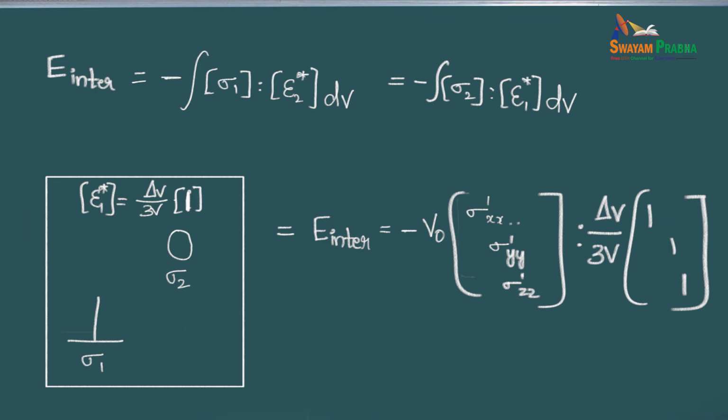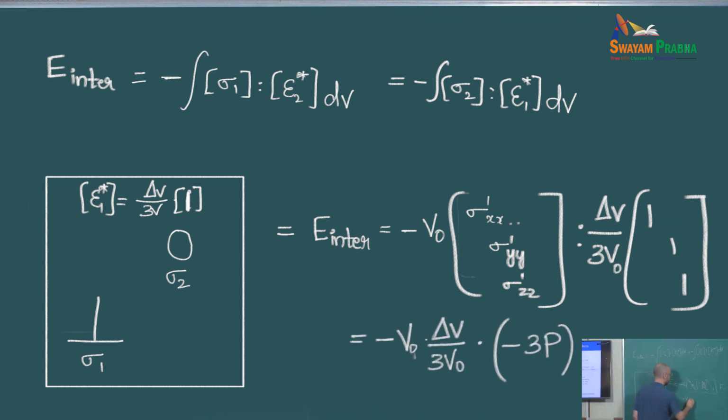What is this equal to? In our notation, this would be V naught, the uniform volume of the vacancy. So I have delta V over 3 V naught times V naught. Then the double contraction of this by that gives you the trace, sigma xx plus sigma yy plus sigma zz.